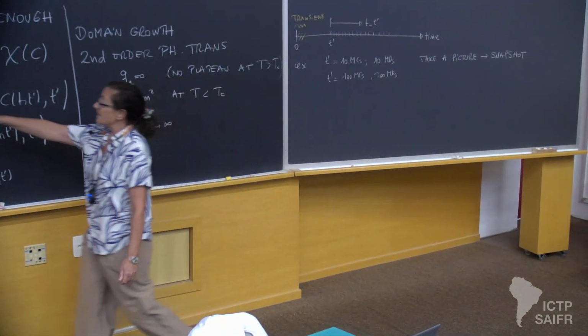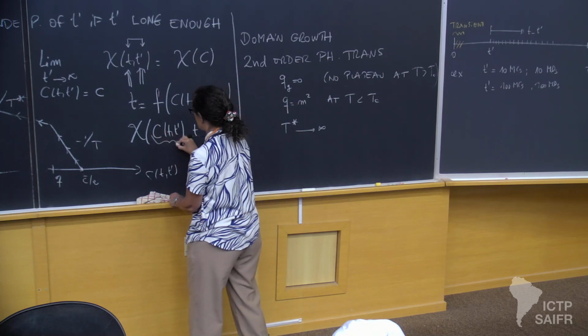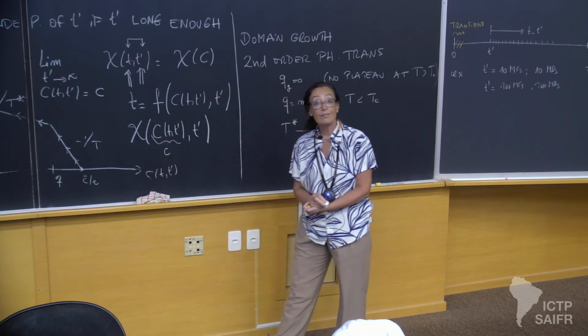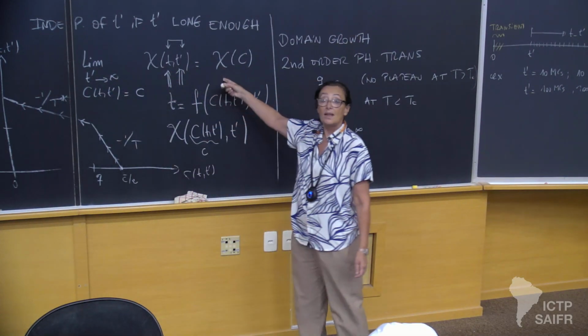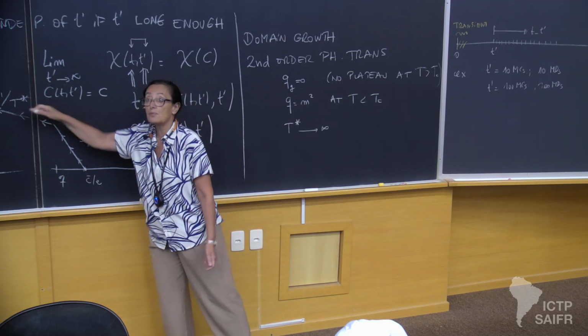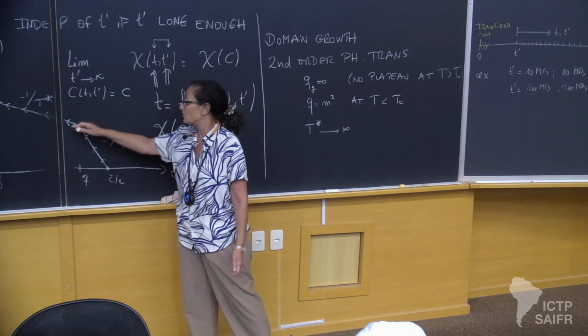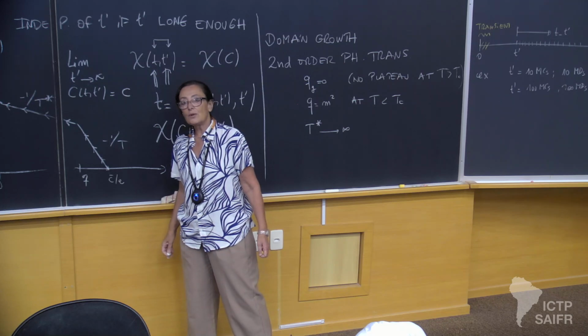And then I take this limit. I take the limit of T prime going to infinity, keeping C fixed to some value. What this construction is telling you is that this limit exists, and it gives you a function of C which turns out to have this broken line type. You see what I'm telling you?